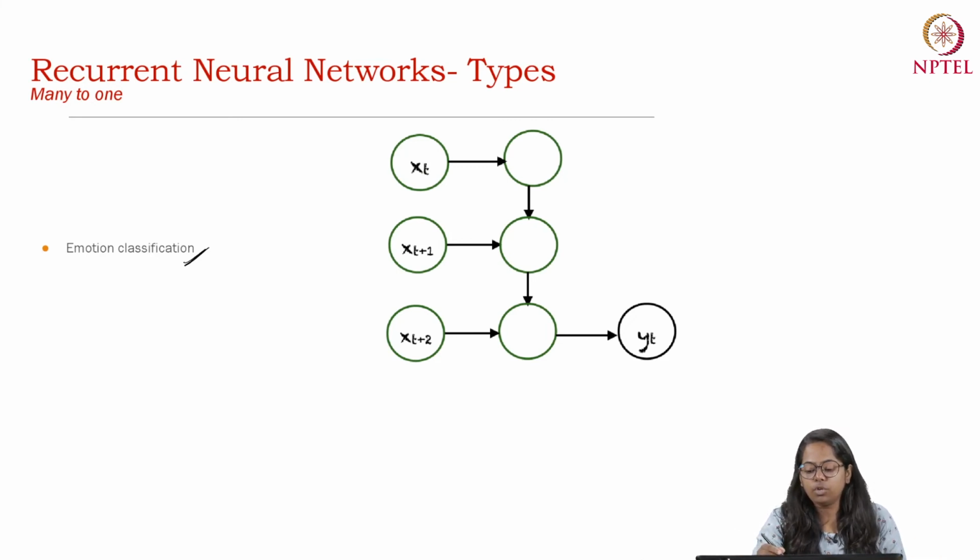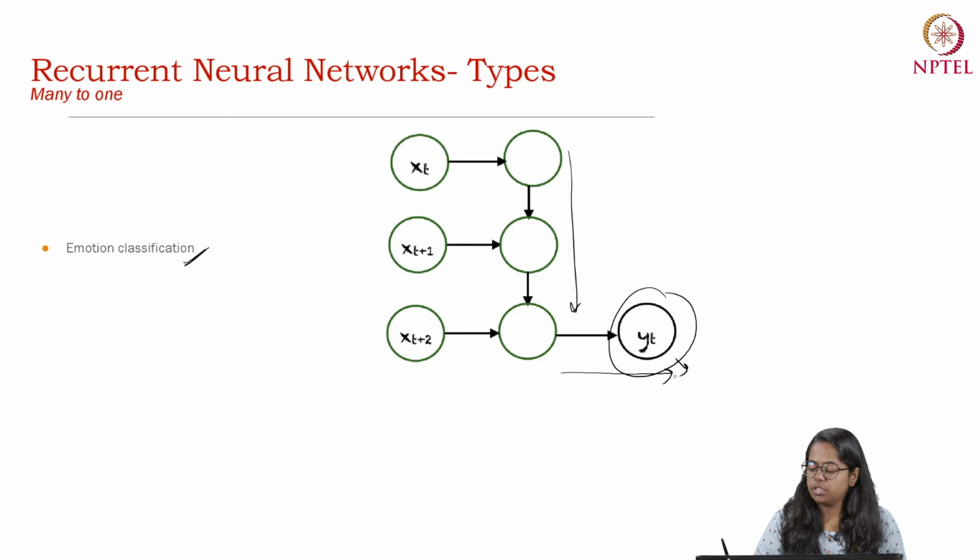So we are given a tweet as a sequence of words, and we pass it into this RNN, and we get a single output where we just identify the label of the emotion that is present in the tweet. So this kind of structure, where the input contains multiple words in a sequence and we get just one output, is known as a many-to-one structure.